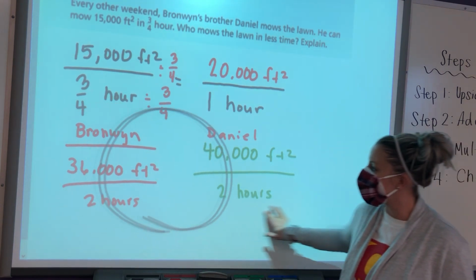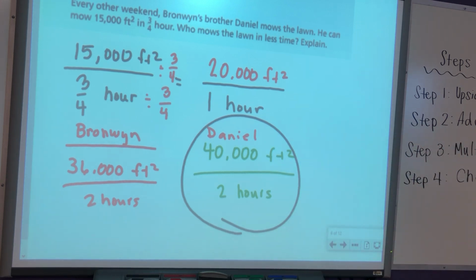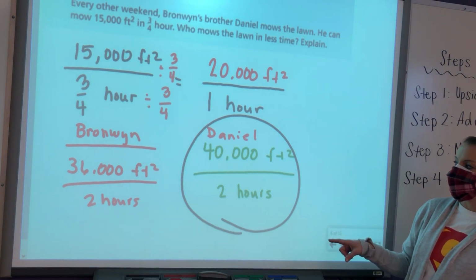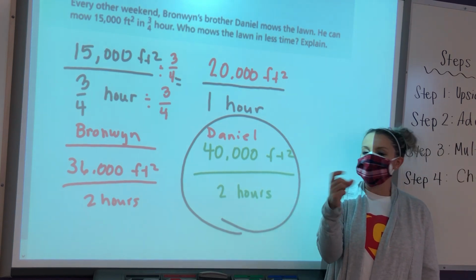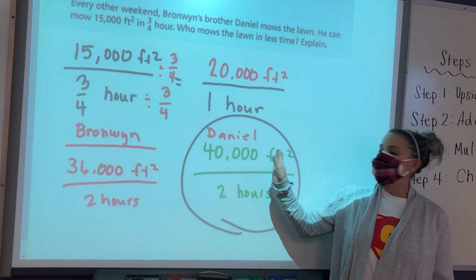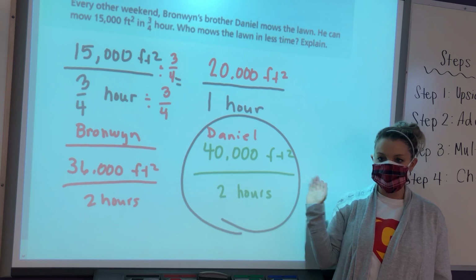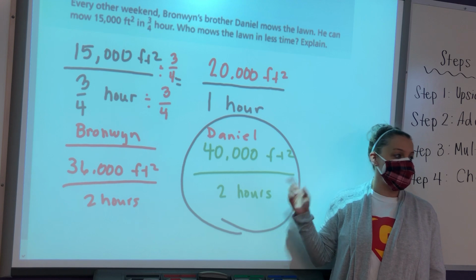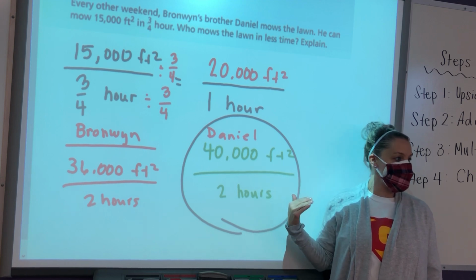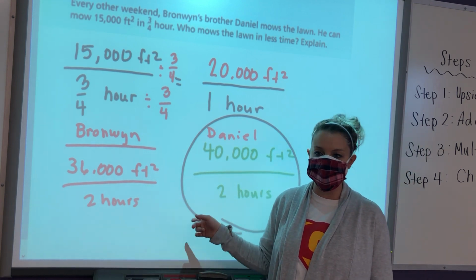But the lawn is 36,000, so how would Daniel mow more than how much lawn they have? He's not going to mow more than what they have. He mowed an extra 4,000 in that 2 hours. So he does it faster because his rate is faster.